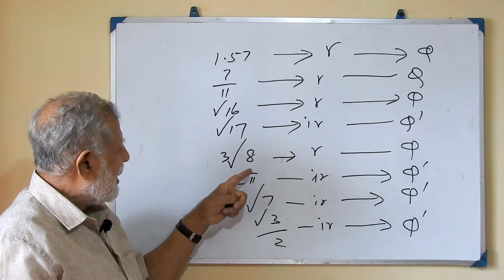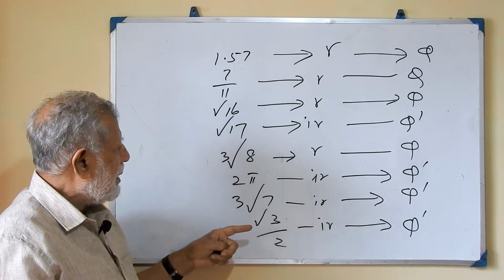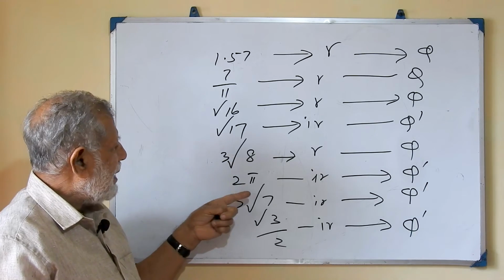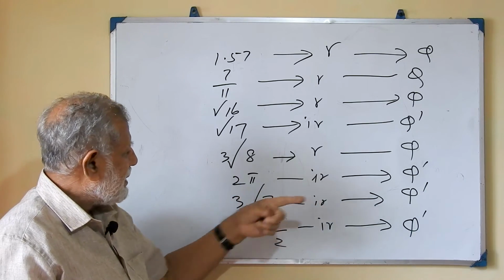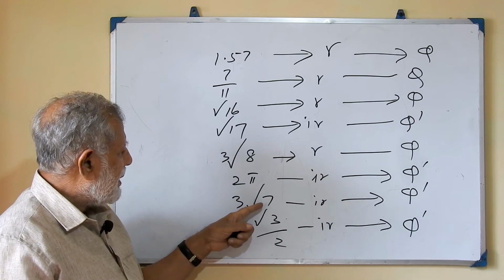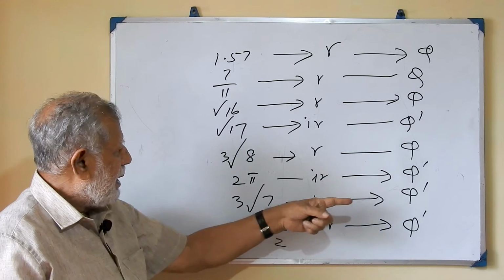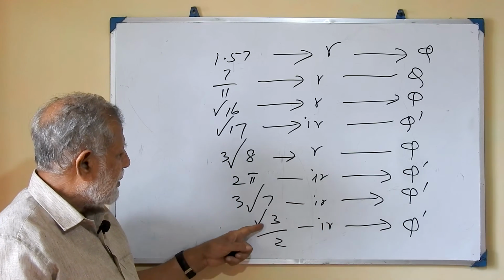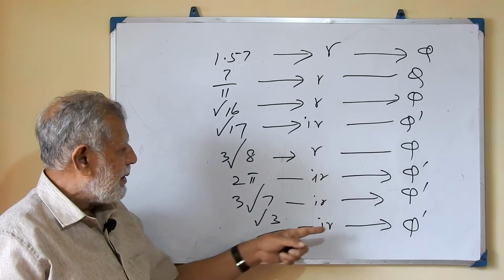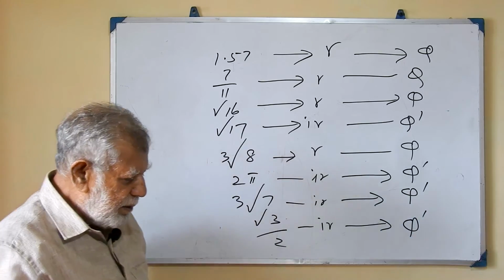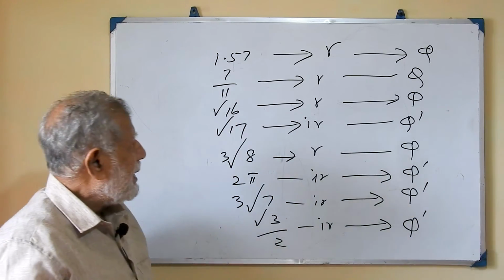Cube root of 8 we know what it is, 2, so it becomes Q, rational. 2 pi, pi is irrational, so 2 pi is also irrational. 3 root 7 is irrational, so 3 times root 7 is Q dash. Root 3 upon 2, root 3 is irrational, root 3 upon 2 is also irrational, Q dash. So these are all, children, the rational and irrational numbers.